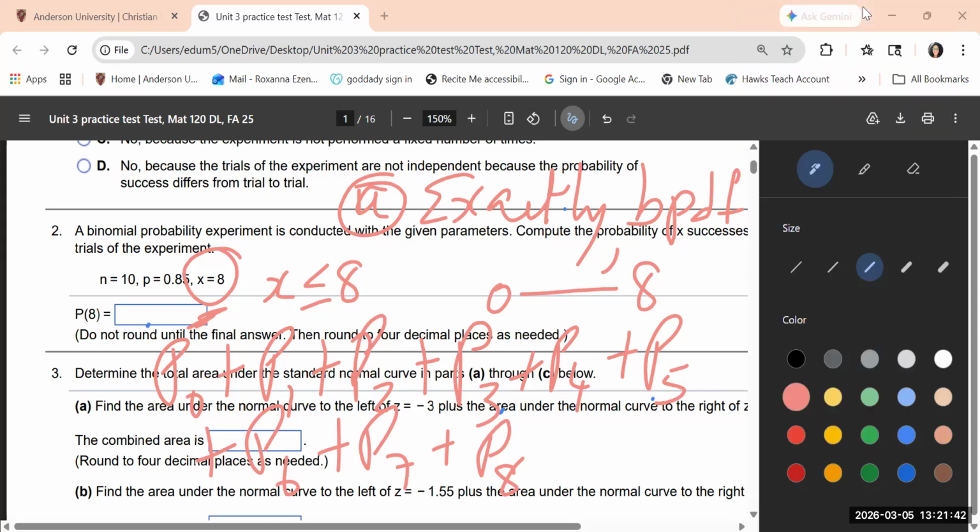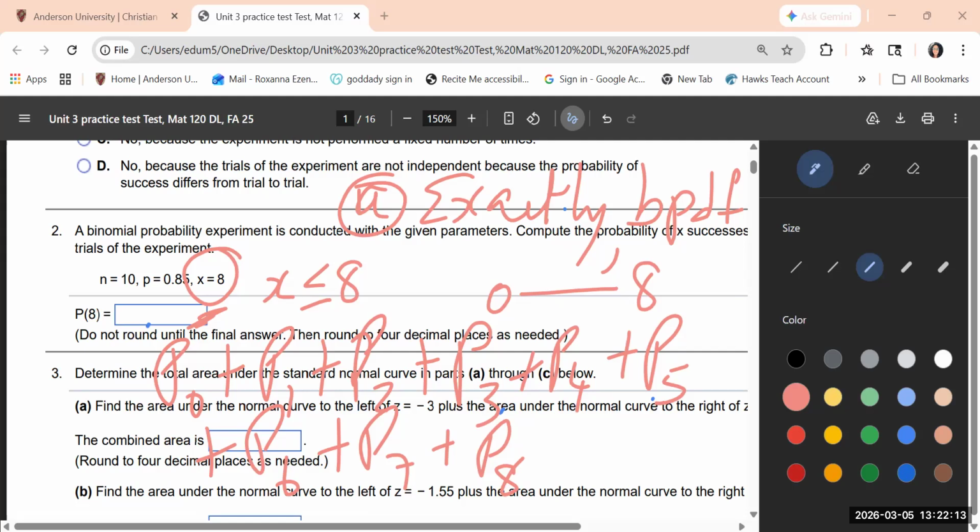Okay. Well, they can actually ask me to find the probability of between. I could be asked to find the probability that the random variable is between 5 and 8. All right, what is the probability that I'm getting between 5 and 8? So that is between. So I'm going to actually write it.